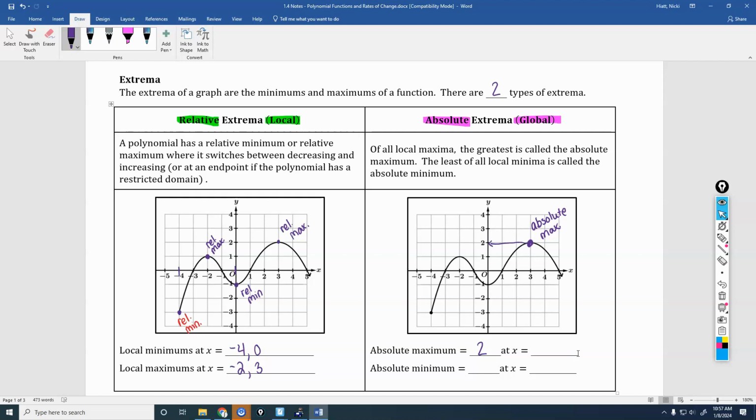It occurs at x equals 3. Usually with relative maximums, they only ask you for where it occurs. They'll say give the x coordinates where you have a local maximum or minimum. With absolute maximums or minimums, a lot of times they will ask what is it, and then you're given the y value for that. What is the absolute minimum on this? What do you guys think?